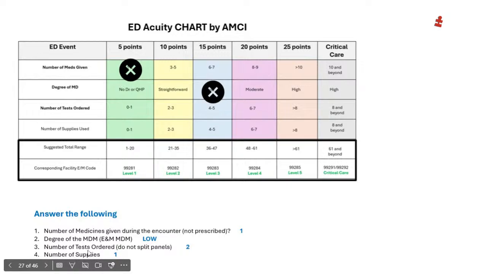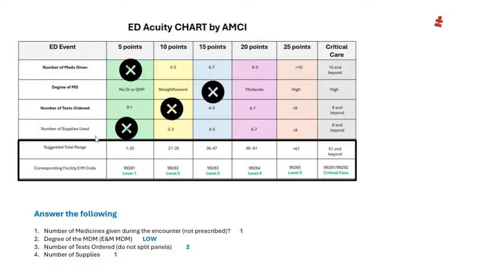The number of tests ordered were two, so that falls here. And the number of supplies is one, and that falls here. So I'm going to let you process this chart. The number of meds given falls here.